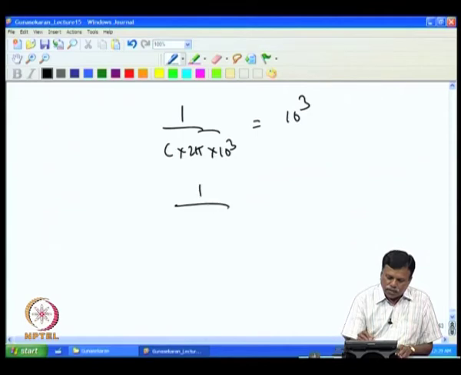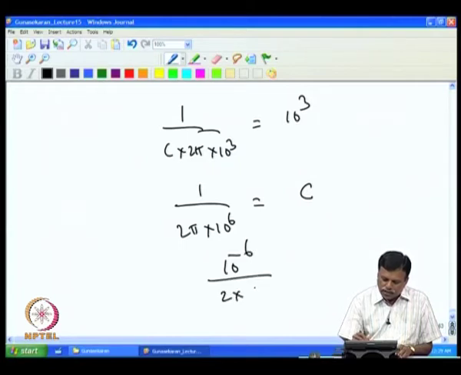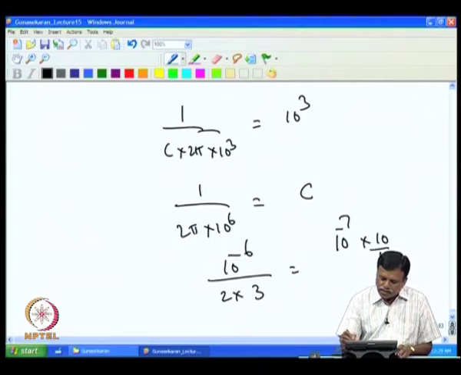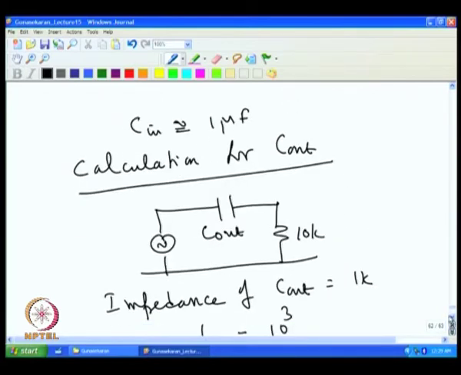So, you will have 1 by 2 pi into 10 power 6 as C. So, that comes out to be 10 power minus 6 divided by 2 into roughly 3, so 10 power minus 7 into 10 by 6, that is 1.4 into 10 power minus 7.